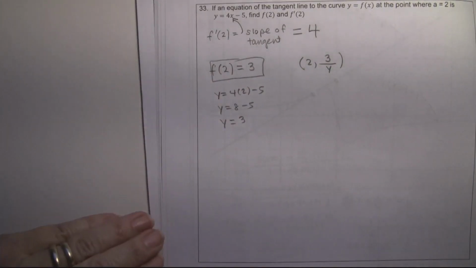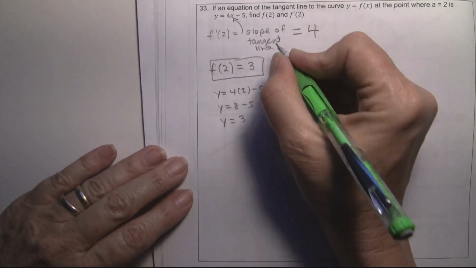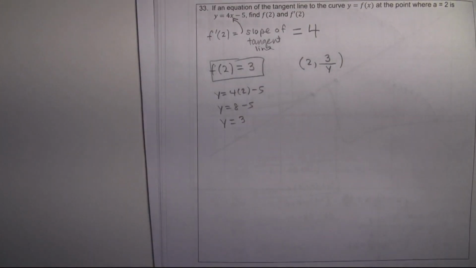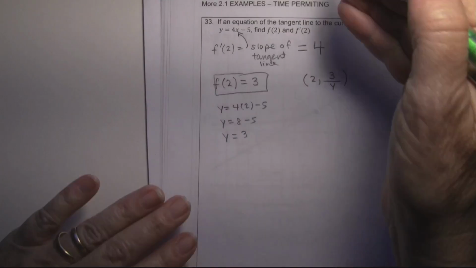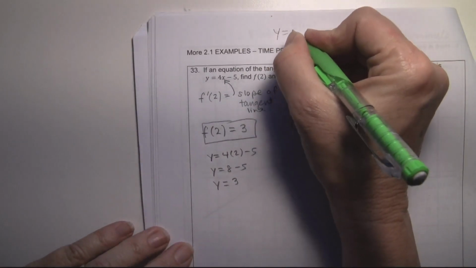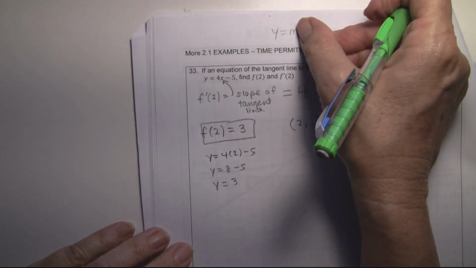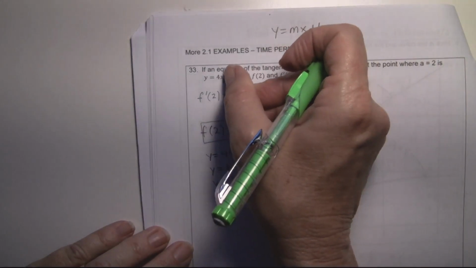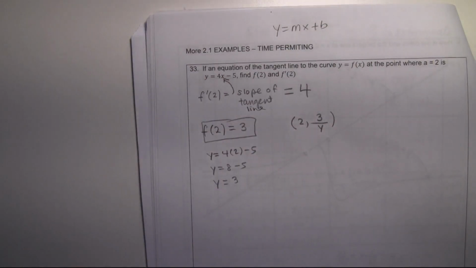So f prime at 2 is the slope of the tangent line, and that is equal to 4. So I can look at that line right there and probably remember y equals mx plus b, right? And the coefficient of x is the slope. And so the coefficient right there is the slope, and so that's our derivative.